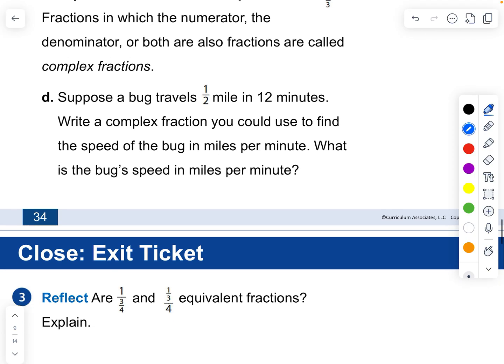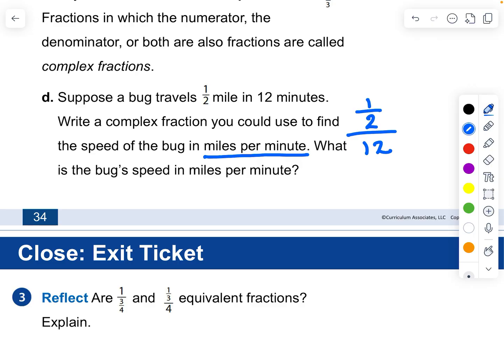And now part D. Suppose a bug travels 1/2 mile in 12 minutes. Write a complex fraction you could use to find the speed of the bug in miles per minute. So when it says miles per minute, we need to do miles, 1/2, per minute, 12 minutes.